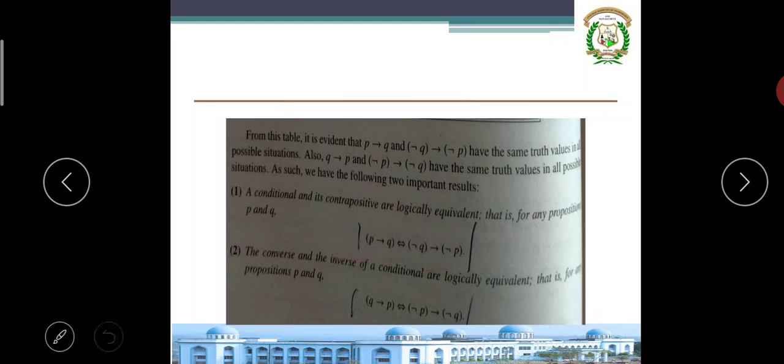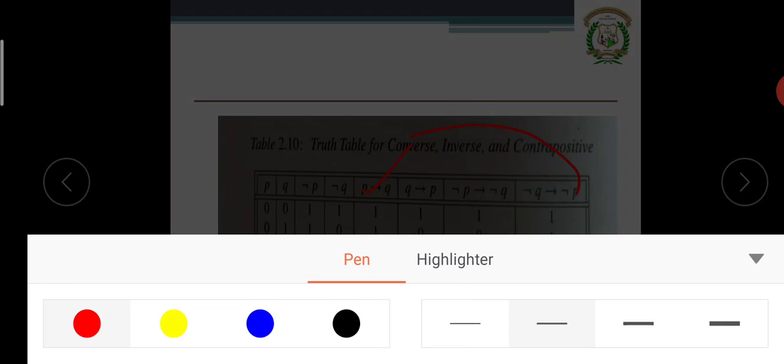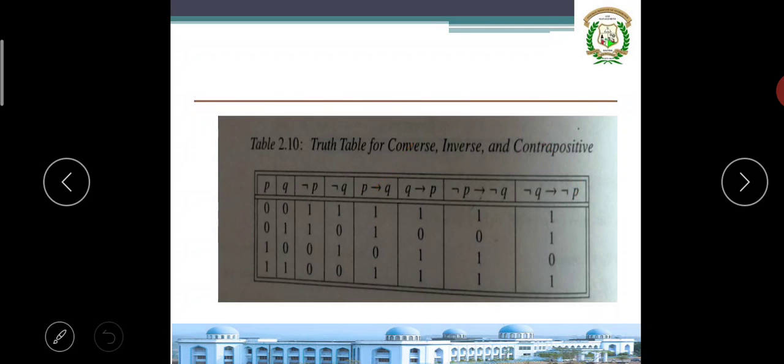Next one, the converse and inverse are logically equivalent. The converse is what? q implies p. The inverse is what? Minus p implies minus q. Do you see here?